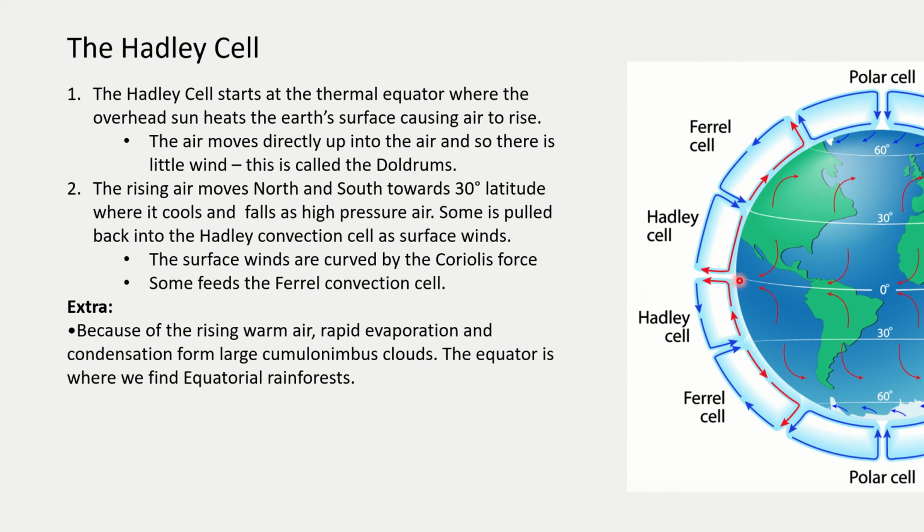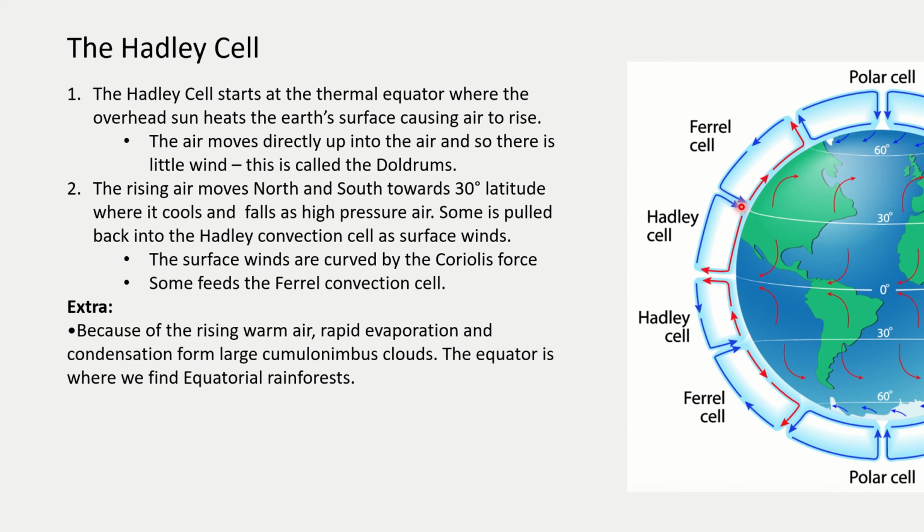So what have we covered so far? Well, we've covered that the equatorial low is where the sun is overhead and the most heating occurs. That is, generally speaking, around 0 degrees. As the air is heated, it rises, and it is forced to spread. As it spreads, it cools, and at around 30 degrees, otherwise known as the subtropical high, that cool air begins to sink.